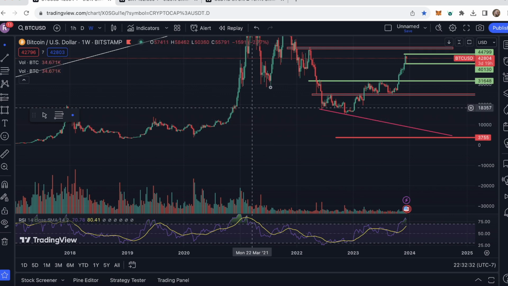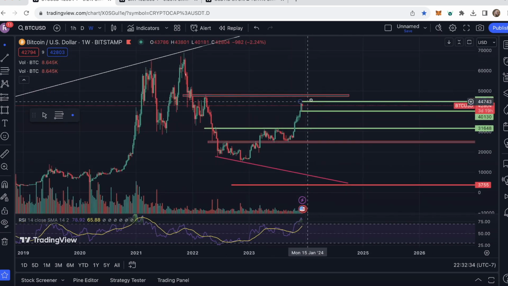A couple of big whales that hold $10-20 billion worth of Bitcoin can dump this coin around any part of this area, okay? They can start selling.